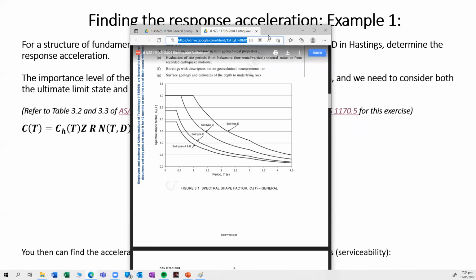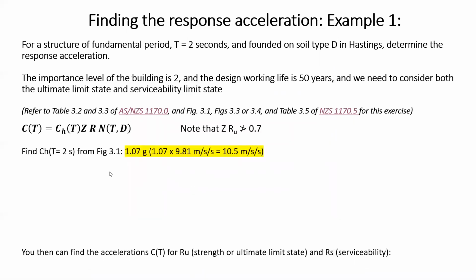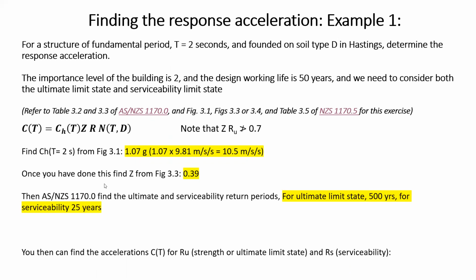Now what have we got here? We've got this CHT for 2 seconds is 1.07 g, and if you want to convert it to meters per second, because that's what you're going to use when you use force equals MA later. The other thing, we found Z, or the hazard factor of 0.39.